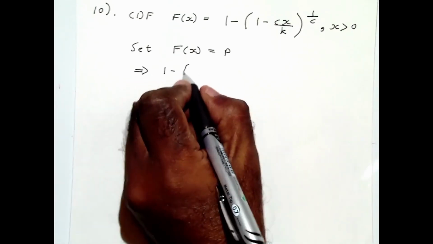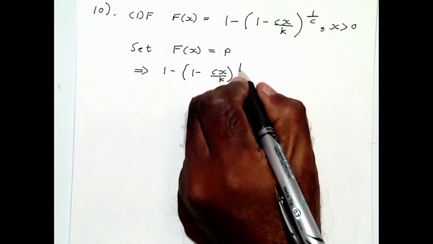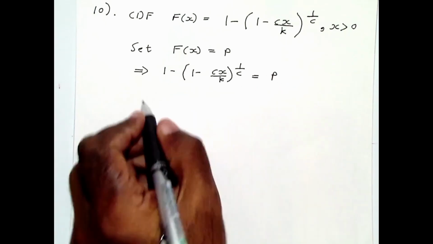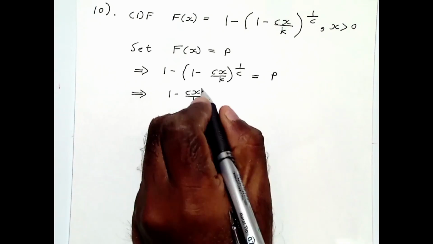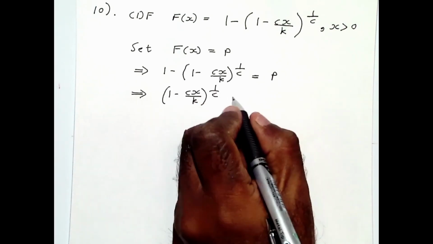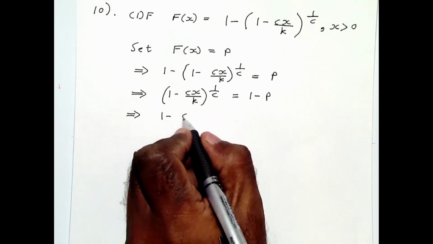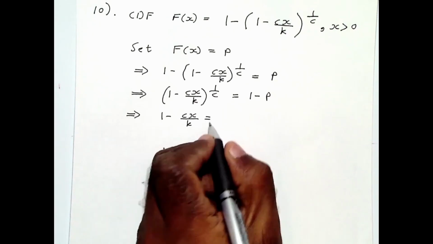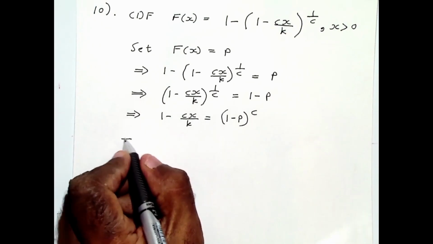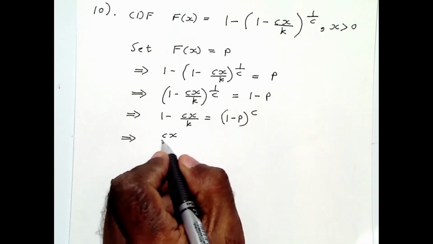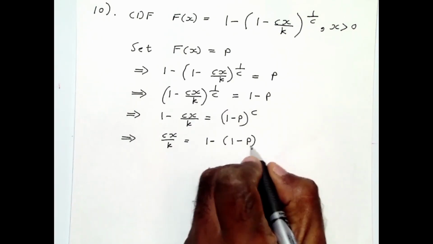which implies, okay, so this implies that this implies that, okay, so this implies that c x divided by k is equal to this.